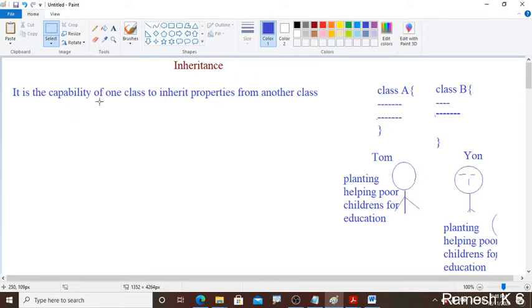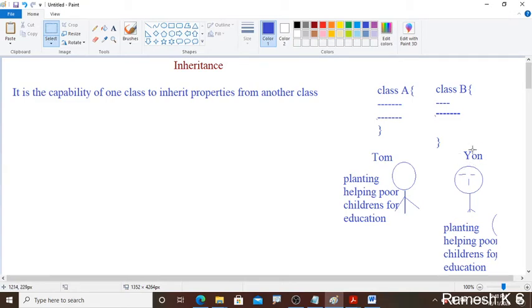It is the capability of one class to inherit properties. These properties to another class is called inheritance. So in this example, Yon is on his own.